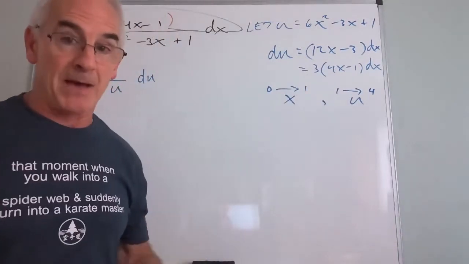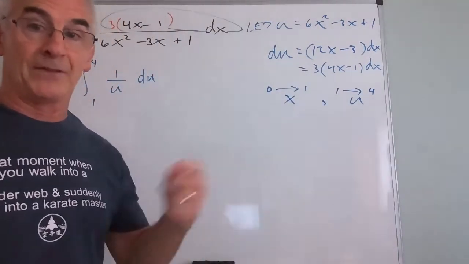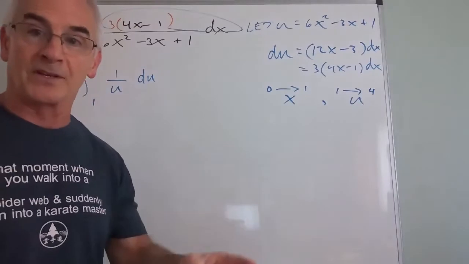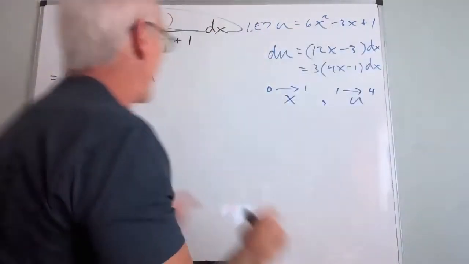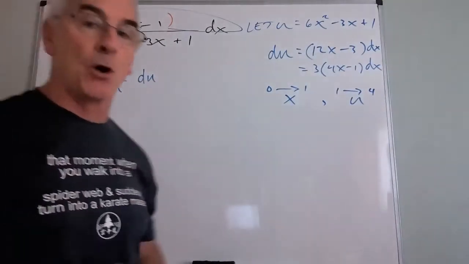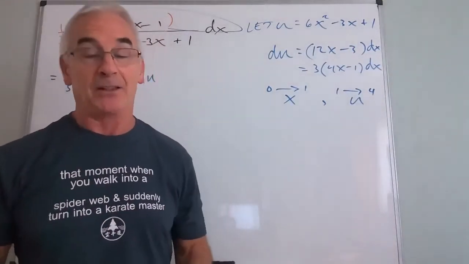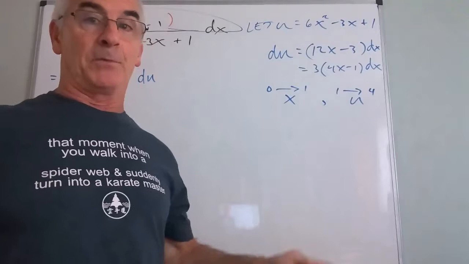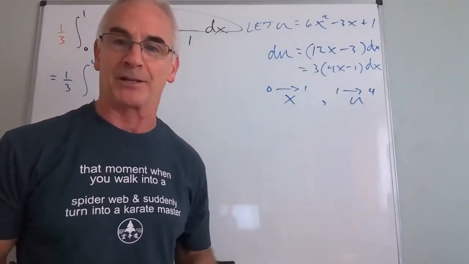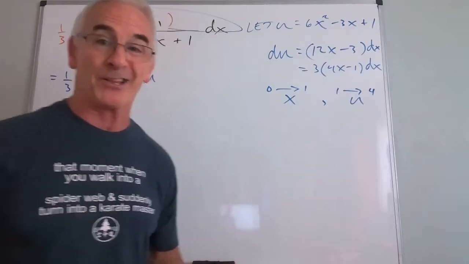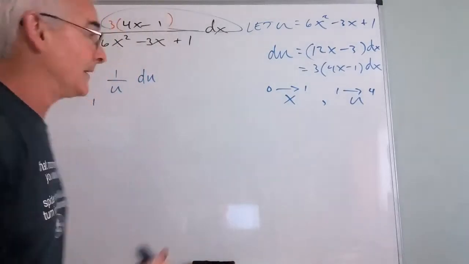It is not mathematically possible to have the old and the new, the x and the u, coexist at the same time. I can't mix them up here. I can't mix them up here. There is no such step that exists. A lot of people do that and they claim somebody showed them. I always pray that you didn't pay that person money, because mathematically that is the single most invalid thing you can ever do. So don't do that.